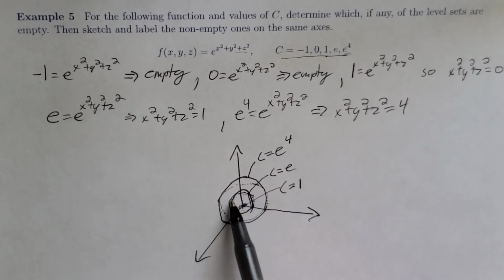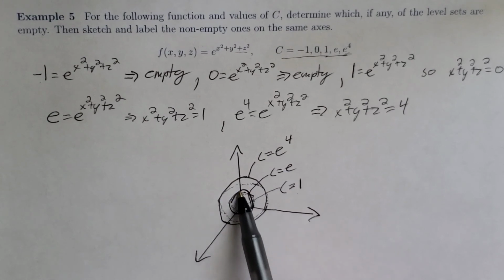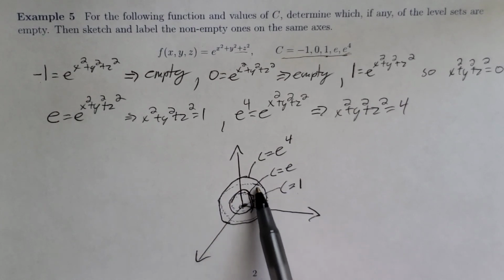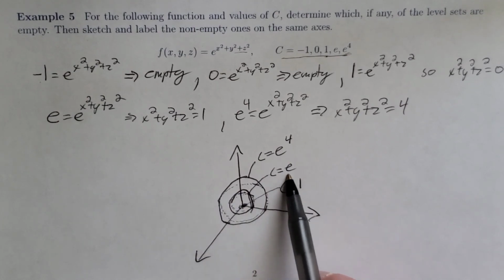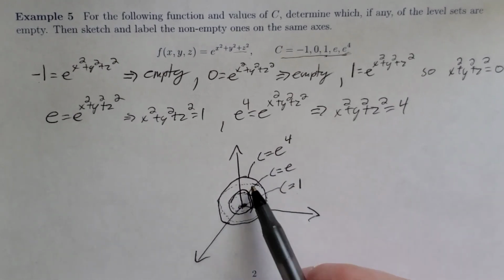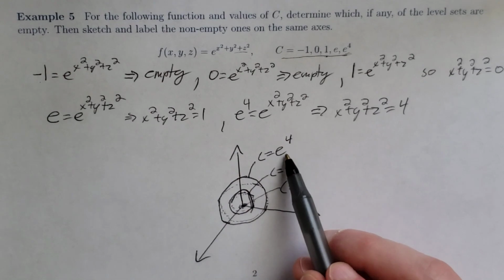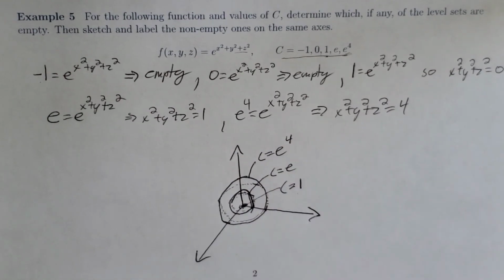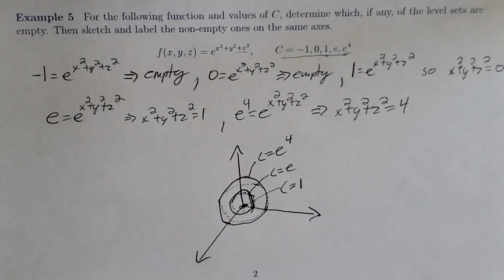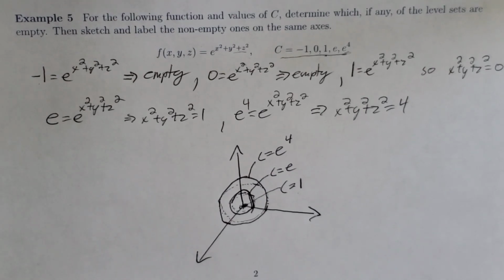Everything on this sphere here of radius 1, when we plug it into our function, we will output a value of e. And if we plug in any value on the sphere of radius 2, our output will be e raised to the 4th power. All right, and that's what we're sketching when we sketch these level surfaces. And that ends this video.